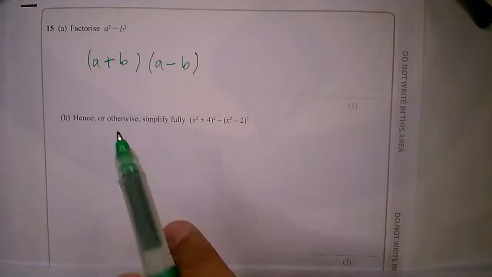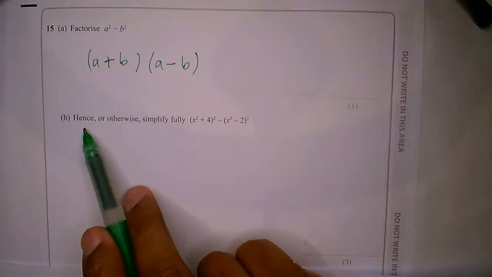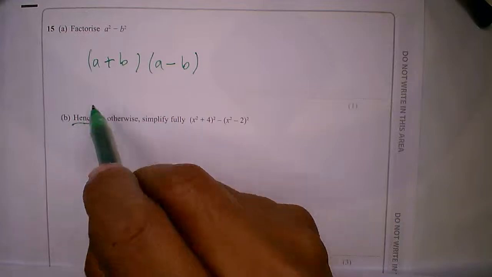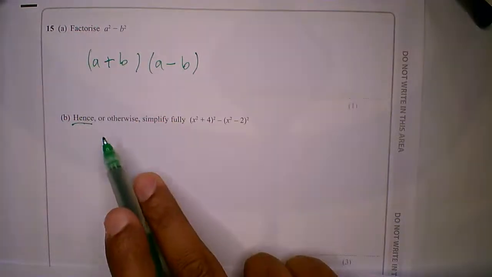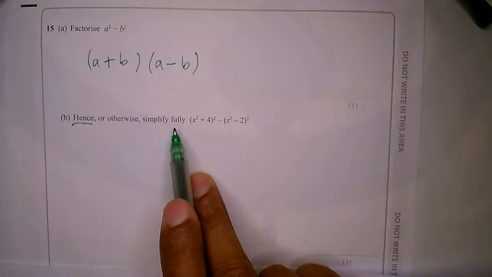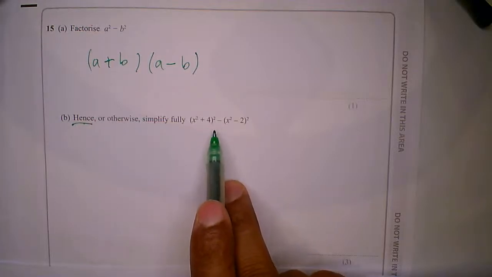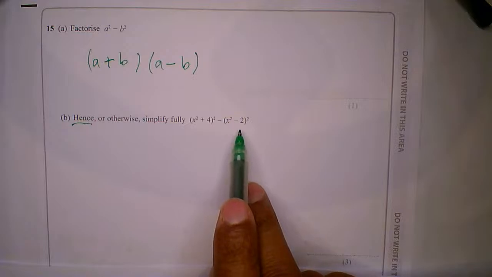Okay, so let's look at this question. Hence or otherwise. Because it's saying hence, we're using this information. So part A is linked to part B. Hence or otherwise, simplify fully (x squared plus 4) squared minus (x squared take away 2) squared.